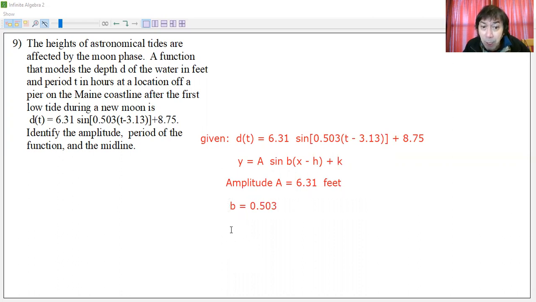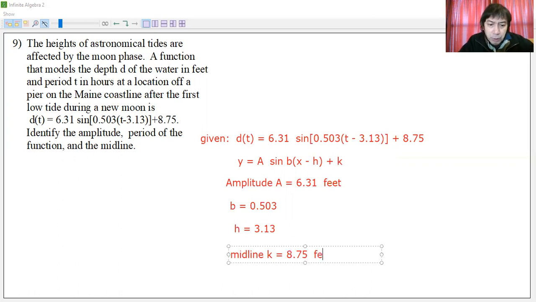All right, what else? We also have the H, the horizontal translation or phase shift, that's 3.13 there. Also, we have now the 8.75, that's the added number, that must be the midline. The midline K is equal to 8.75.